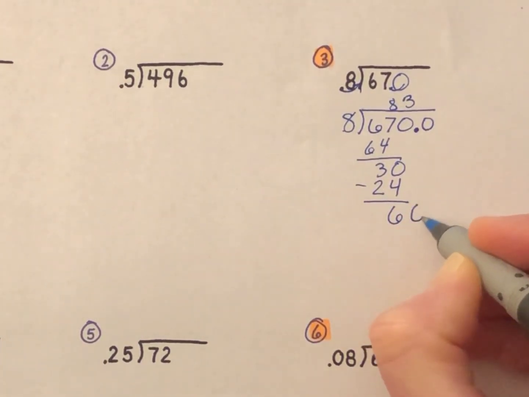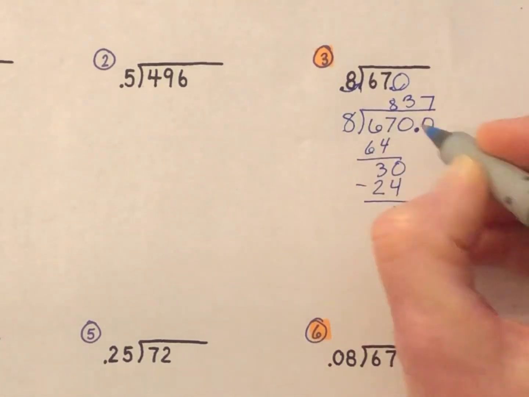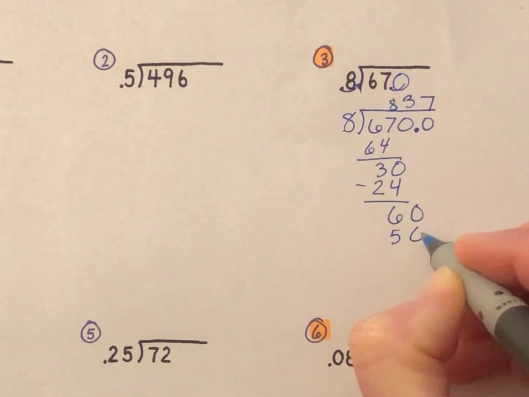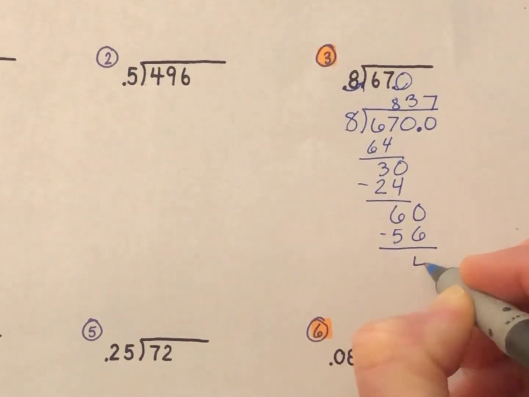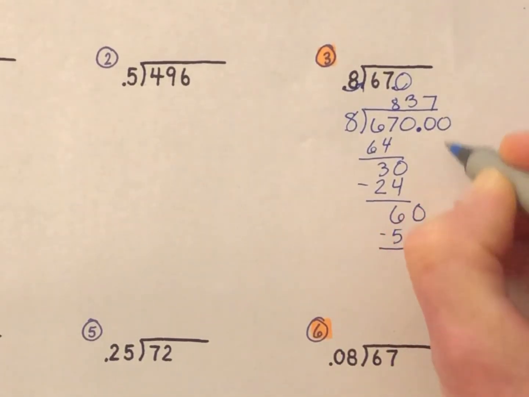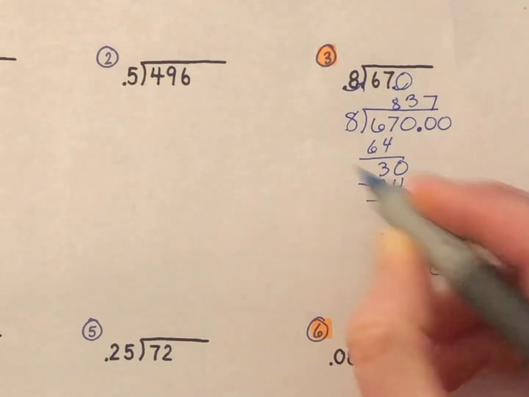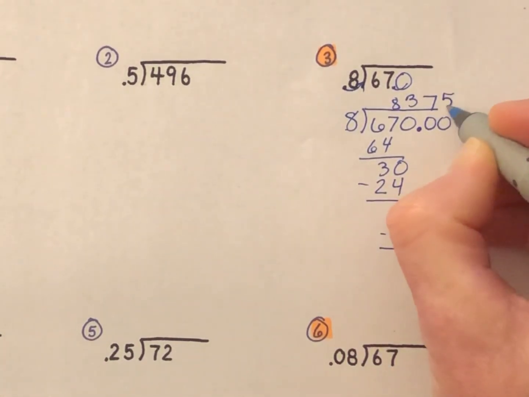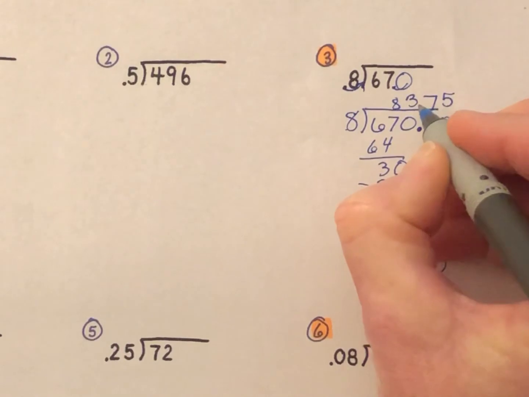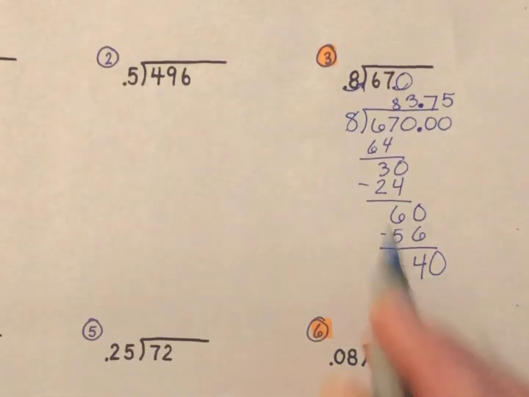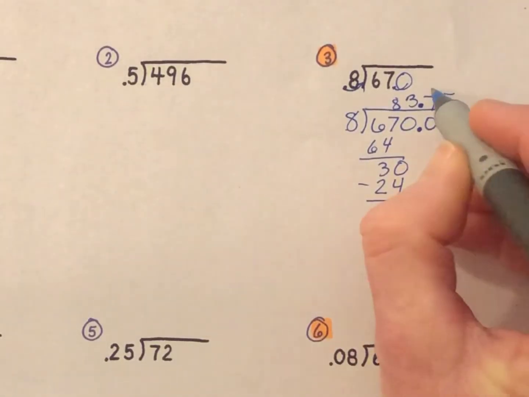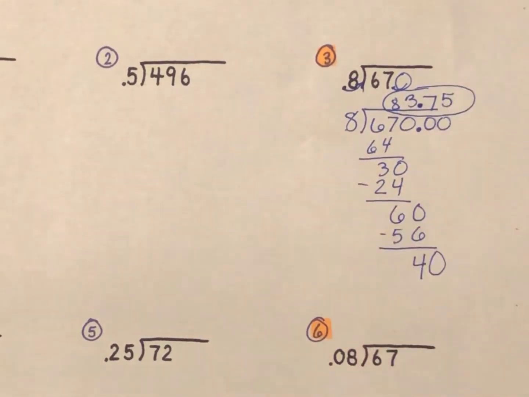Bring down the 0. 8 goes into 60 7 times. 7 times 8 is 56. Subtract, 4. Bring down the 0. Finally, 8 goes into 40 5 times. There we go. Put my decimal right here. My quotient is 83 and 75/100. There we go.